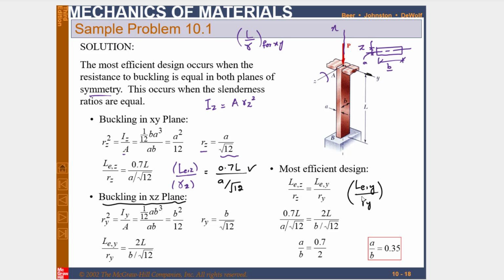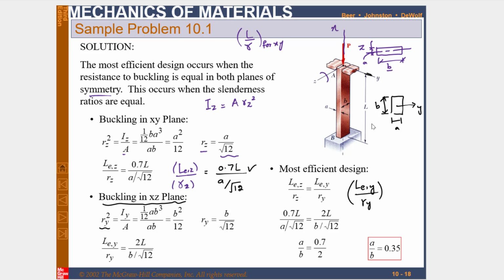First we will find Ry, the radius of gyration about the y-axis. Again, Ry squared is equal to Iy over A. If you draw it like this, this is the y-axis, this is A, and this is B.